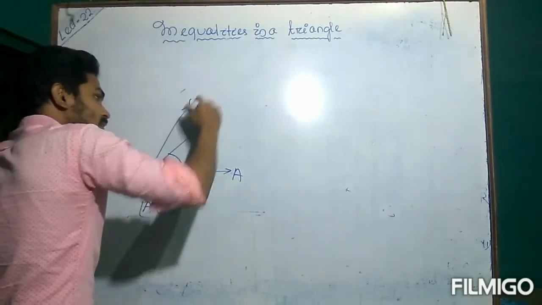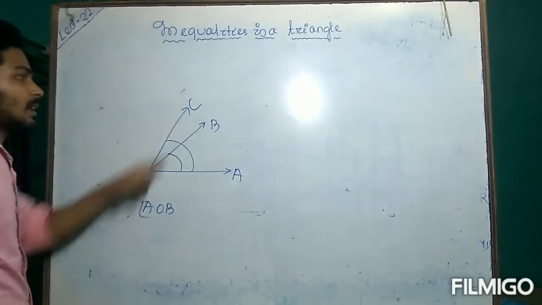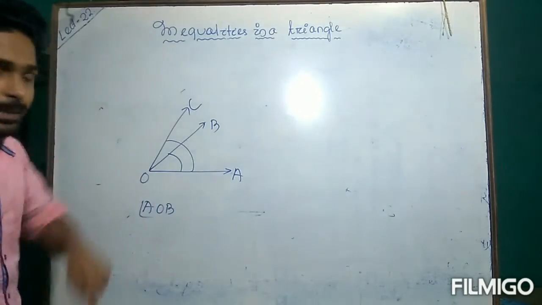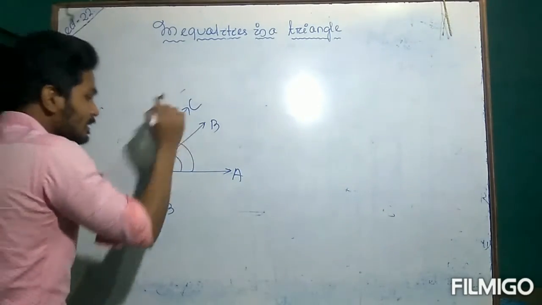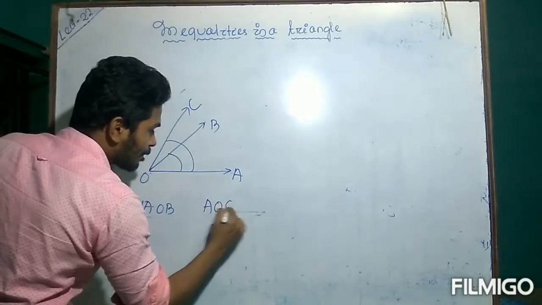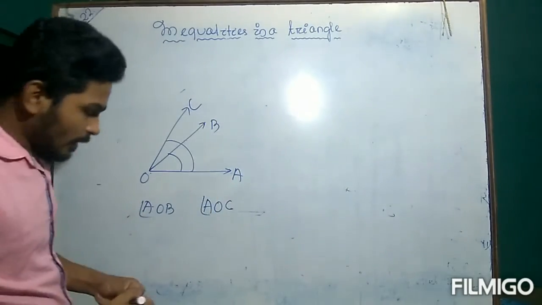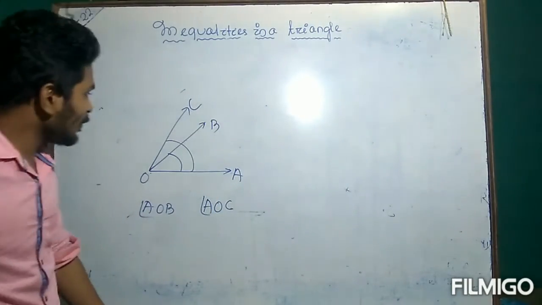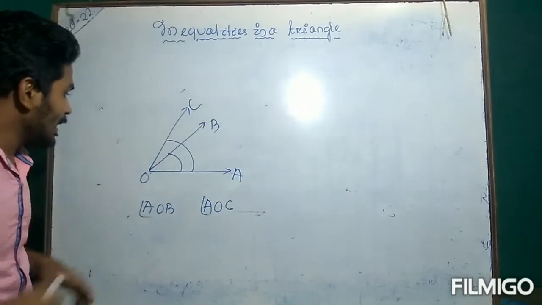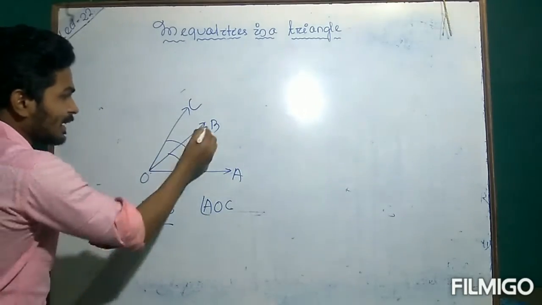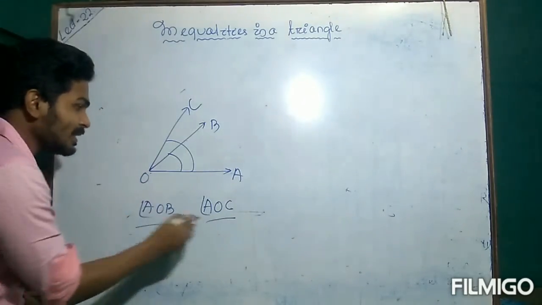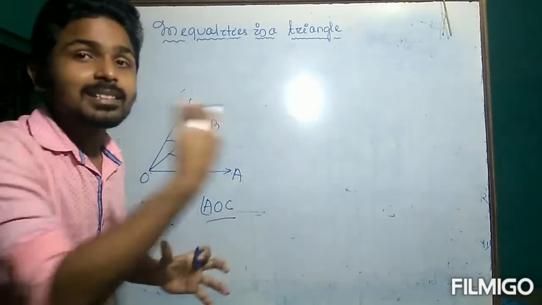Now suppose this angle is AOC. Right. Now the task is to find out, of these two angles, AOB and AOC, which angle is greater or larger?